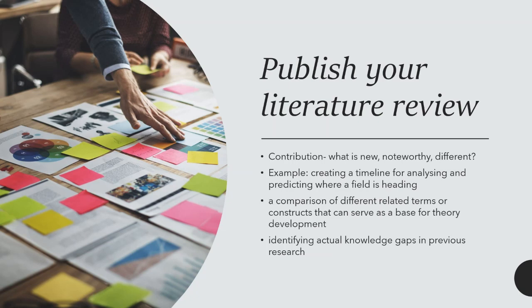So there's great scope for publishing scoping reviews, systematic reviews, integrated reviews. So that, as I said, could be a potential first article for you if you do it well from the beginning.